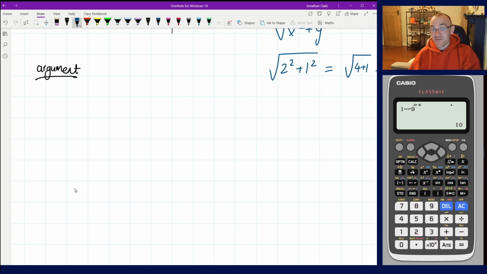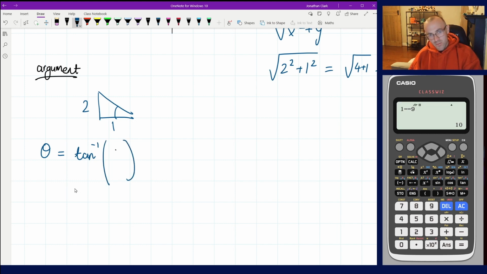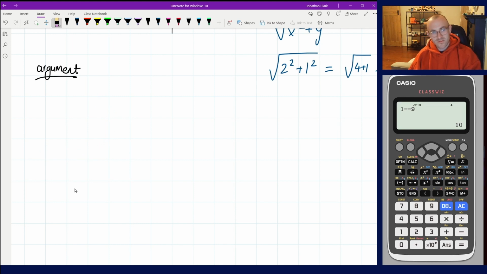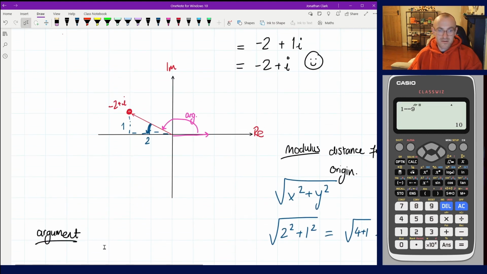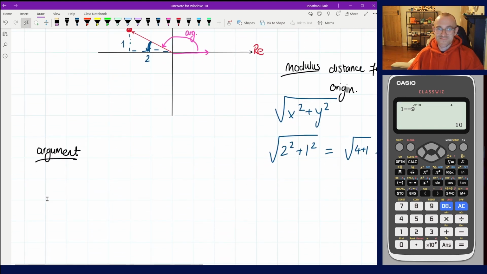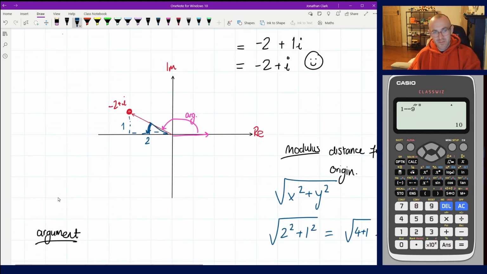So for the argument, what I'm going to do is find this angle here. That side's 1, that side's 2. To get the angle, I'm going to do inverse tan of the opposite. Ah, no, it's not that way around. So to find the argument, find the angle in blue here.